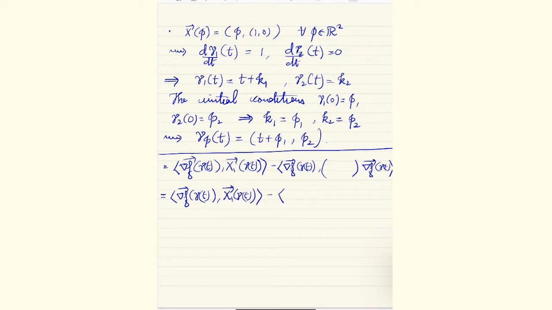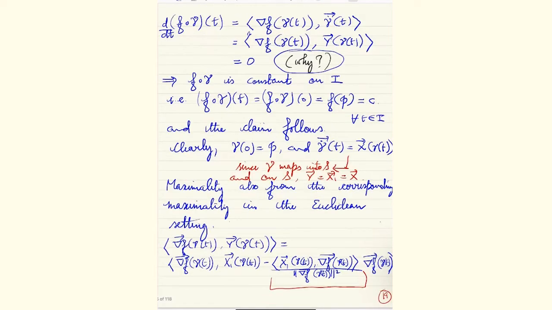Nonetheless, it is not due to any a priori orthogonality that we have, because we don't know that y is in S. y is a priori only a vector field on W. We want to say that gamma lies in S. That was the point of the exercise.